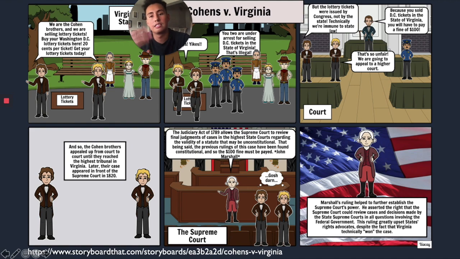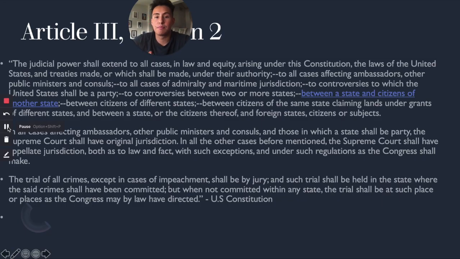So then here's a cartoon illustration of the case. They were selling it, they were caught, they went to court, they appealed, they went to the Supreme Court, they were found guilty. Basically, the Supreme Court did highlight Article 3, Section 2 in response to Virginia's argument.